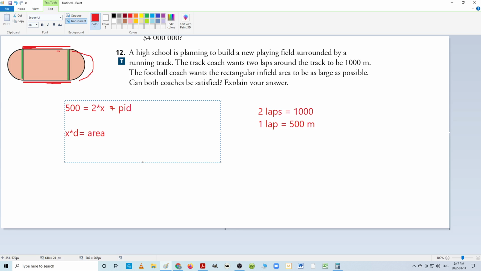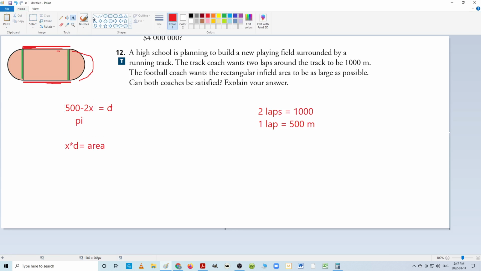And this is pi times the diameter. If I rearrange this, and I subtract 2x, that means the diameter is equal to 500 minus 2x, divided by pi.